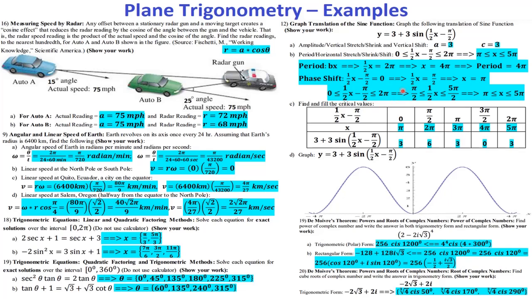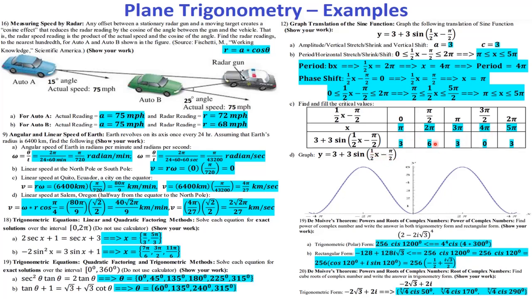So add pi over 2 to all sides, so it's pi over 2 less than half x less than 5 pi over 2, so that is 1 over 2 x is between this, then multiply everything by 2, then x is between pi and 5 pi. So to sketch the graph, 1 over 2 x minus pi over 2 is between 0 and 2 pi, then x is between pi and 5 pi.